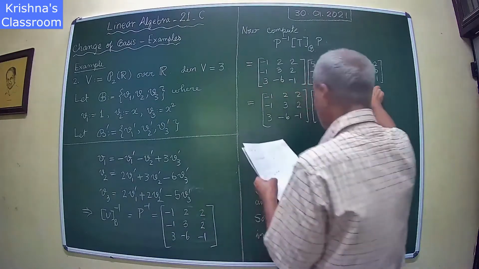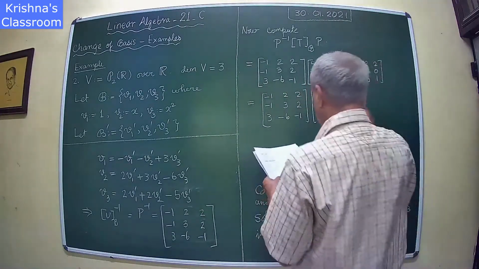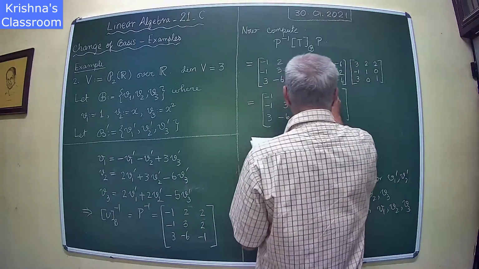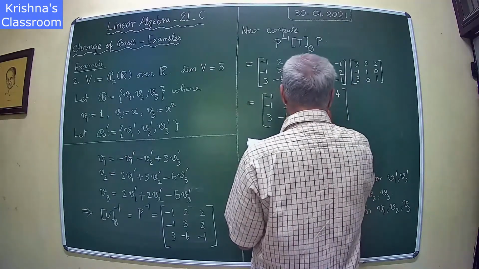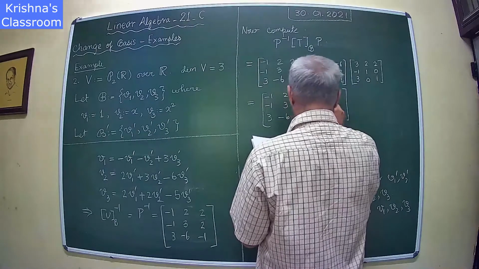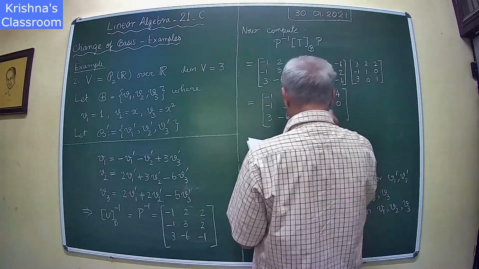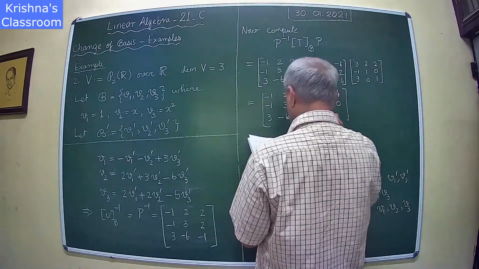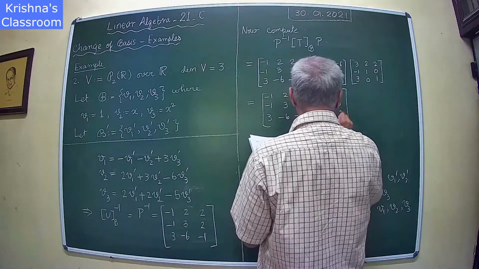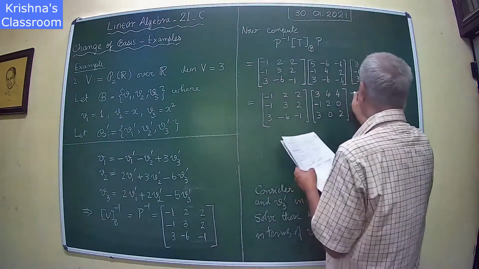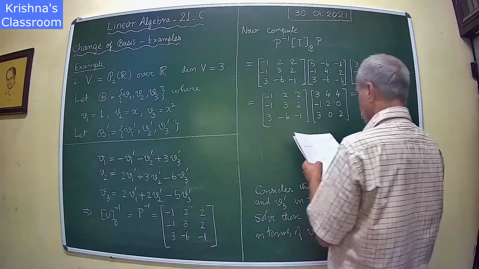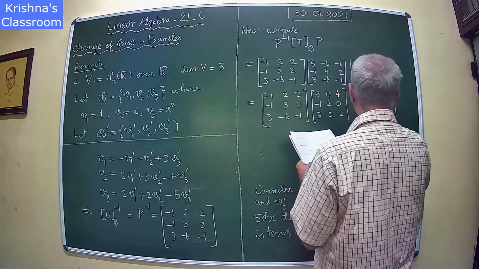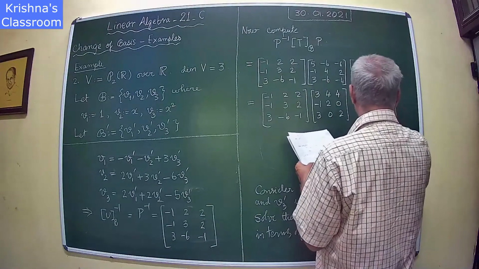The product of these two matrices works out to be minus 1, 2, 0, 3, and this, if you compute further, gives you 1, 2, 2 along the diagonal.